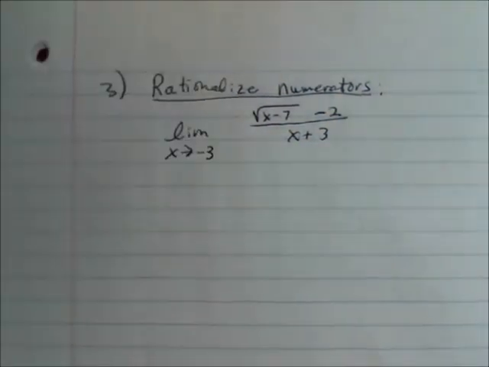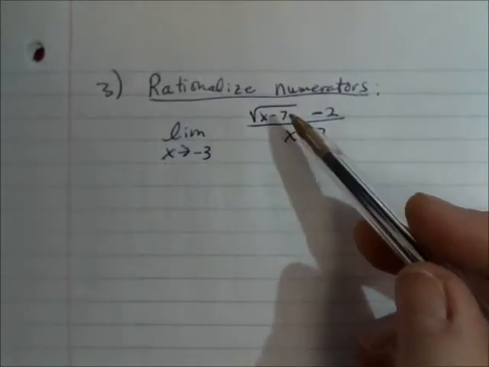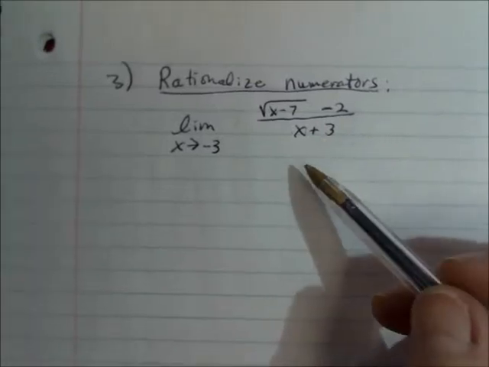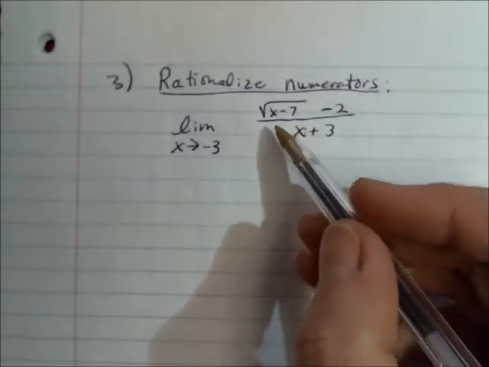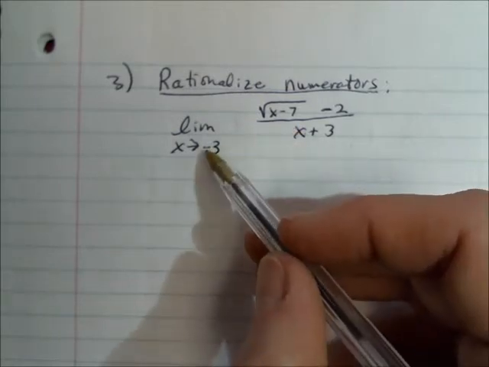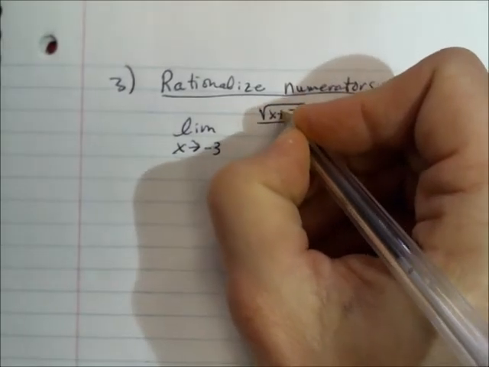That fraction would look okay if we were back in Algebra 2, because in Algebra 2 we said you can't have a radical in the denominator, it's improper. Well, this year we're not going to keep this radical in the numerator, because if we plug in negative 3, oh, I'm sorry, this should say x plus 7 underneath here.